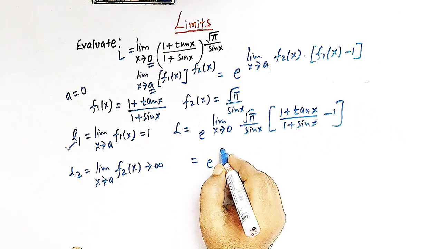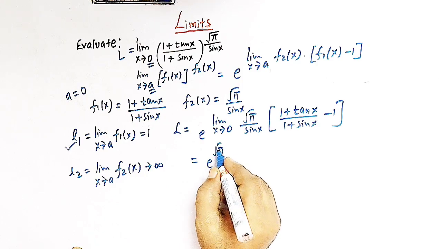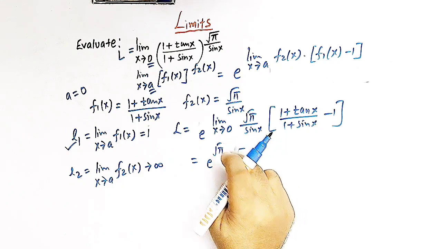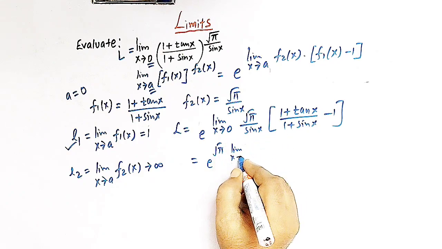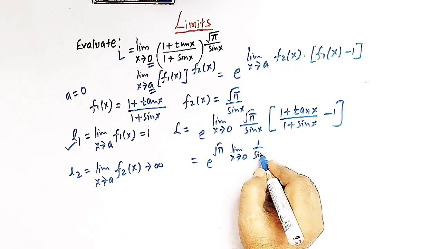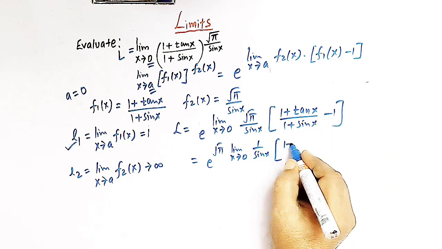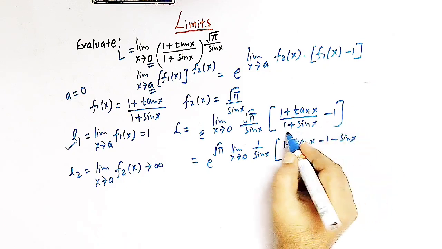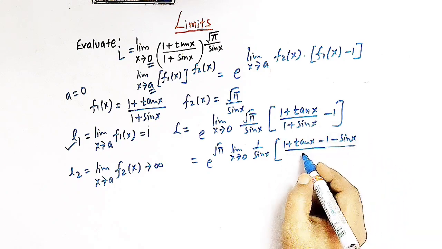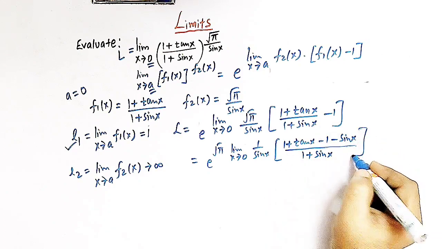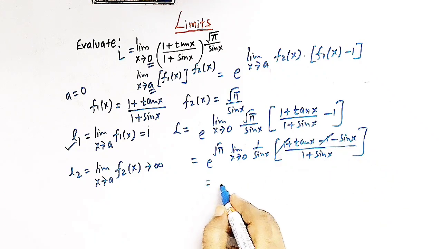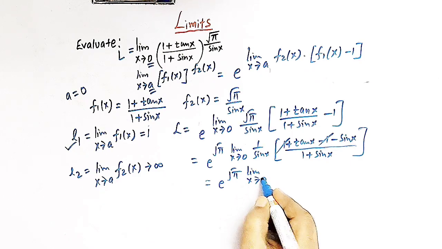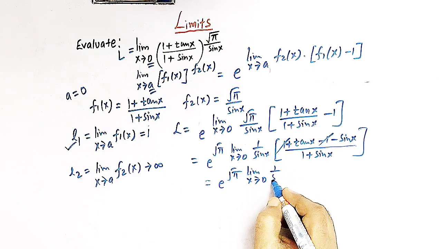So now we can simplify. Here we can write square root of pi, and here we have limit x tends to 0, and here we have 1 over sin x, and simplifying this term we have 1 plus tan x minus 1 minus sin x, multiplying this 1 with 1 plus sin x, and here we have 1 plus sin x, and here this 1 gets cancelled, and we have e raised to square root of pi, limit x tends to 0, and here we have 1 over sin x.